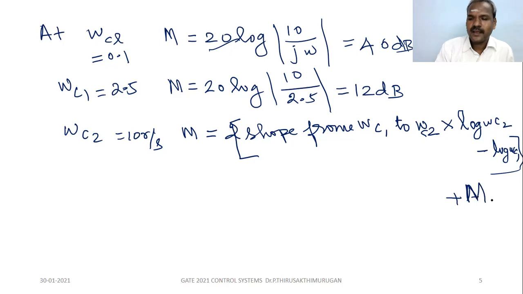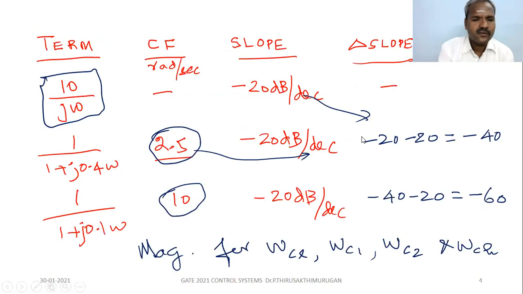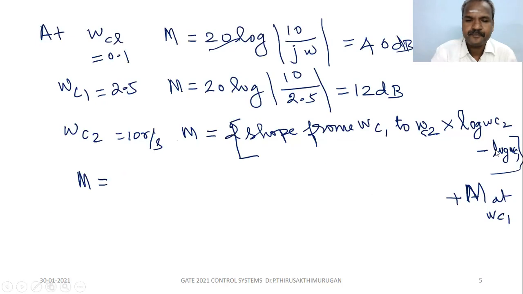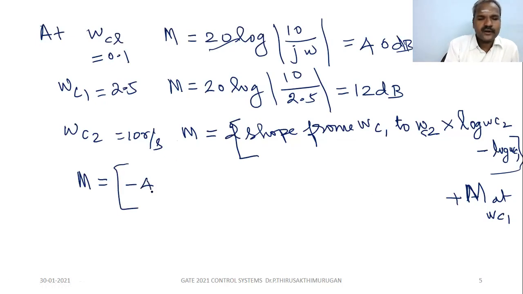So what is the slope change from omega C1 to C2? Minus 40. So M equal to minus 40 into, what is omega C2? 10. Omega C2 is 10.